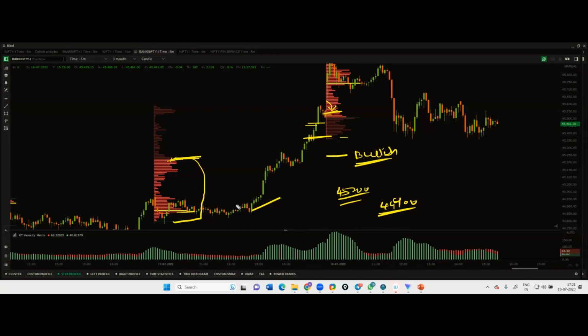When long positions have been deployed at a particular price location and a particular up move is done, as a day trader, the next day when the market opens at such a location and you enter a long trade here, you are not entering with the backing of large volumes, because the largest positions are placed somewhere at 45,200 and you are taking a long position at 45,600. Sure, the trend is to the upside, yes.